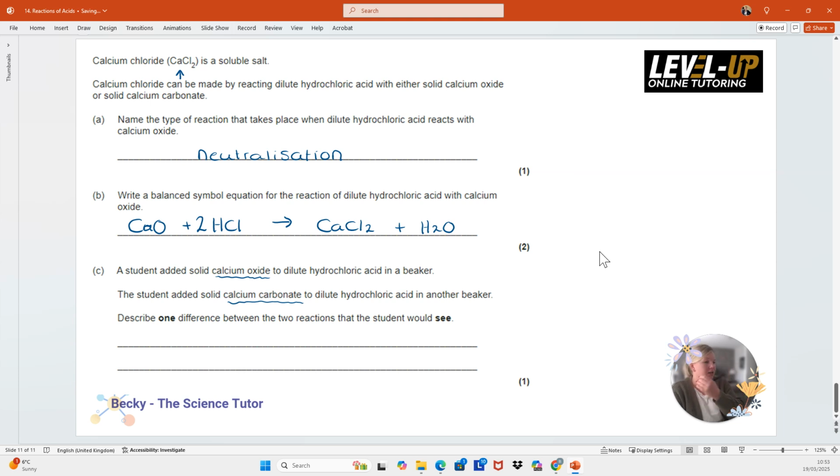However, because we have carbonate present in the second one, we're going to see fizzing. So we can say that there will be fizzing or bubbling with the calcium carbonate. Because remember, with our calcium oxide, we're simply going to produce the salt and water, no gas being produced, therefore we're not going to see that fizzing.